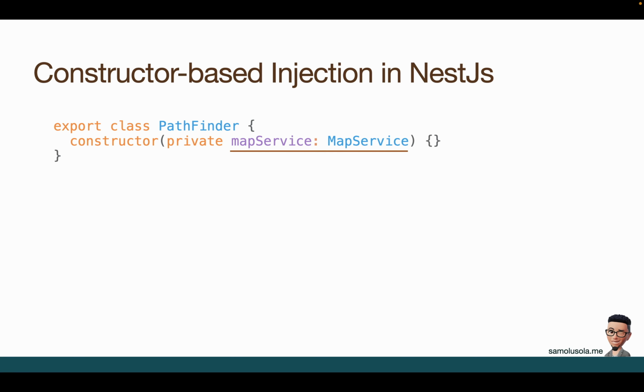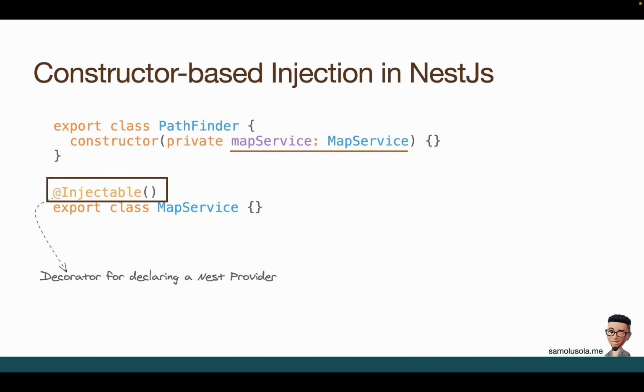Now, NestJS is going to be the one responsible for injecting that map service whenever it is creating an instance of the Pathfinder. Also, for the map service to be injectable, we need to decorate it with the @Injectable decorator from the NestJS common library. This decorator is how we declare a Nest provider.